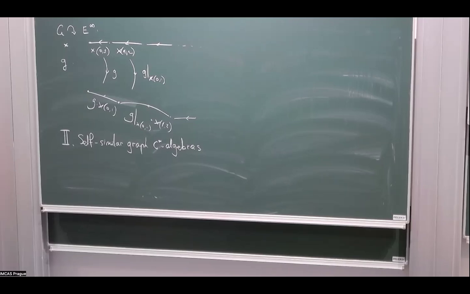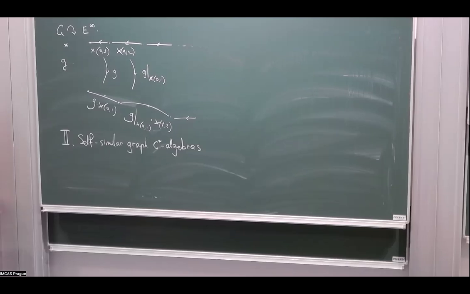Maybe some of you might be familiar with how to encode the data of a group into a C-star algebra. You can take the unitary regular representations, and you can get the full C-star algebra or the reduced group C-star algebra. Starting from a directed graph, you can take the Cuntz-Krieger family, which are partial isometries associated to each edge and projections associated to each vertex, and you have some relations between them according to how the edges go in and out of the vertices.